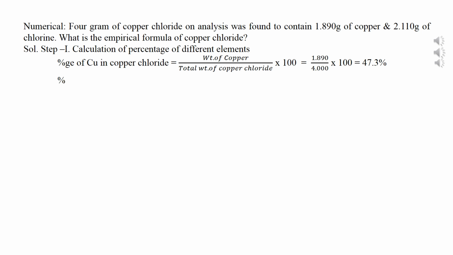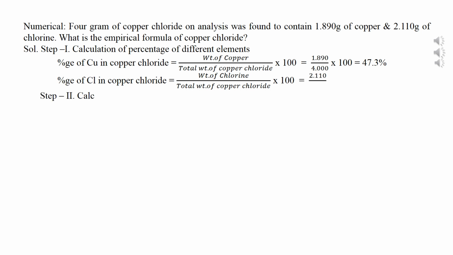Similarly, the percentage of chlorine in copper chloride is equal to weight of chlorine divided by total weight of copper chloride multiplied by 100, that is equal to 2.110 divided by 4 into 100, that comes out to be 52.7%. So in the second step, we have to calculate the empirical formula.